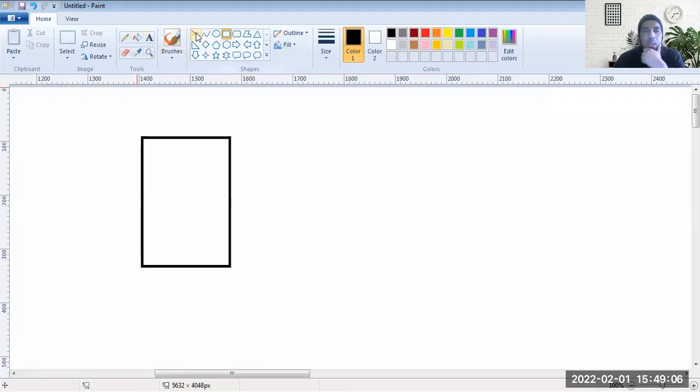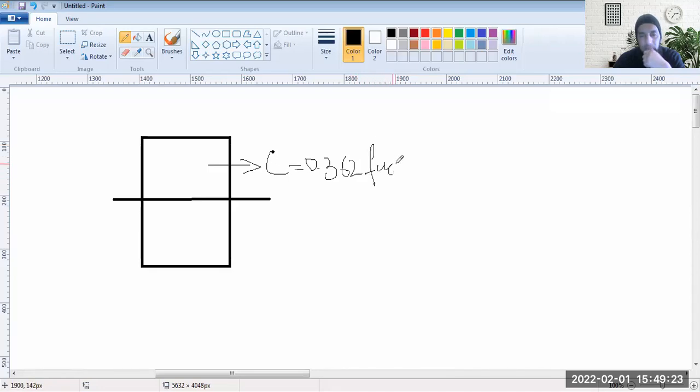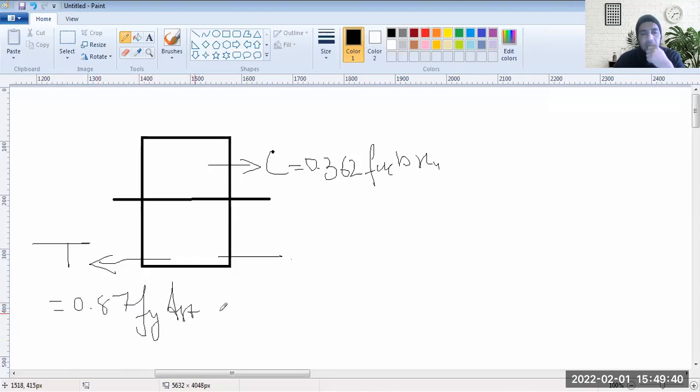We now know that this beam section has a C value of 0.362 FCK into B into XU. We know its T value, which will be in the opposite direction, which is 0.87 Fy into AST. We know these two values.